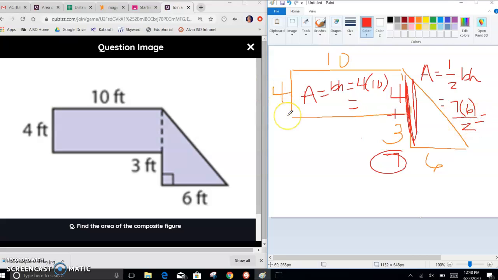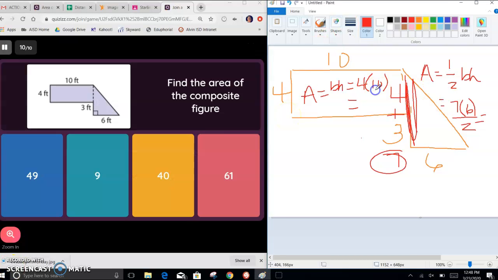And I would get my answer, and I would combine those. So after I combine the area over here and here, sorry this is messy, I would add them. So 4 times 10 plus 7 times 6 divided by 2 will give me my answer.